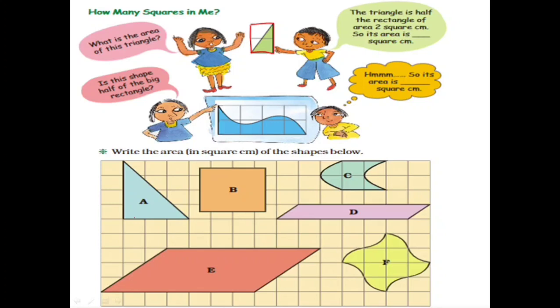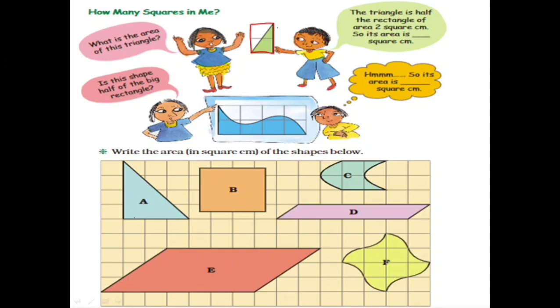Let's find the area of this rectangle first of all. How many squares is it covering? It is covering 2 squares. And if we assume that each side of the square is of 1 centimeter, that means the area will be measured in square centimeters. So the area of this rectangle is 2 square centimeter.